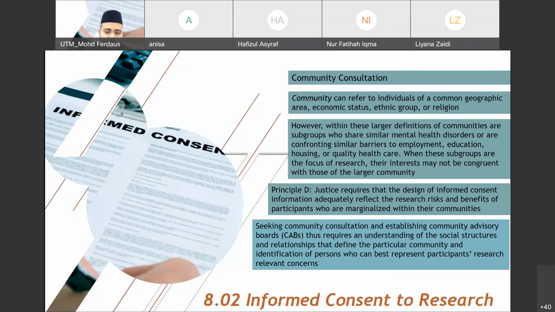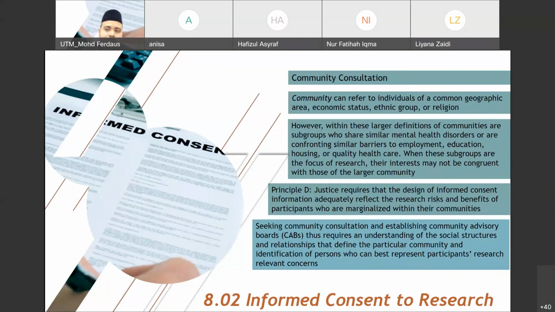Seeking community consultation and establishing community advisory boards. It is not IRB, it is CAB, Community Advisory Boards, and this requires an understanding of the social structures and relationships that define a particular community and identification of persons who can best represent participants' research-relevant concerns.